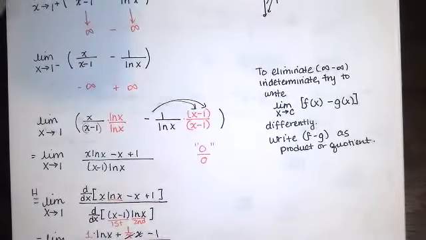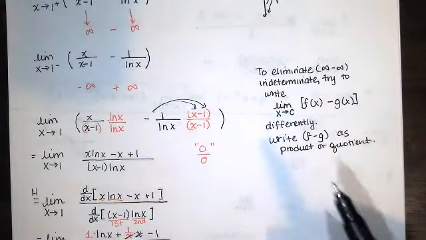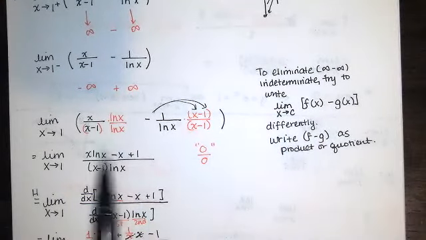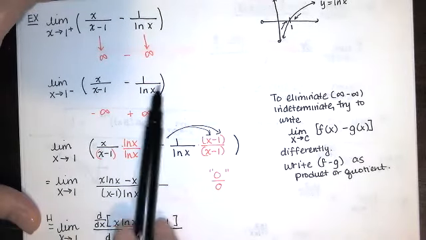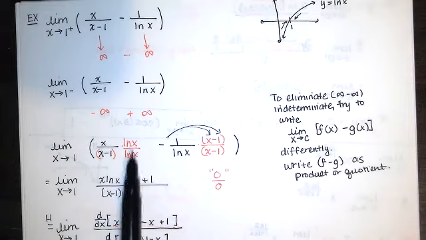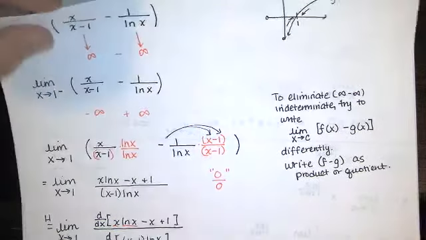Okay. So our goal is, if possible, to write f minus g as a product or a quotient. If we're lucky enough to get a couple of fractions like this, we usually just get a common denominator. And let's do one more like that.